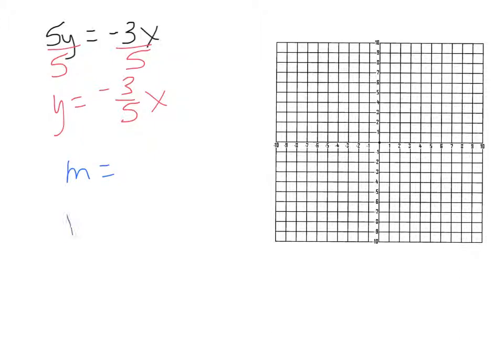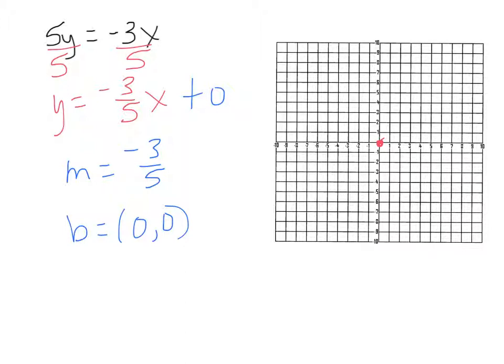So when you go to identify your slope and your y-intercept, what's your slope? -3/5. Good, because it's always the coefficient of x. And your b value, your y-intercept, if there's nothing back there, that's the same thing as +0. So your y-intercept is actually the origin. Good, so you're going to start graphing this at the origin, (0, 0).